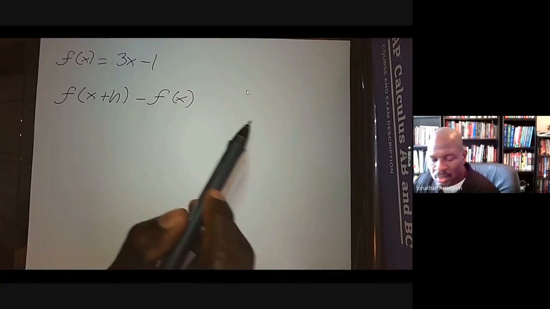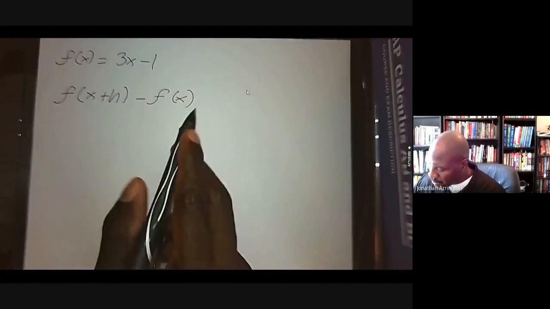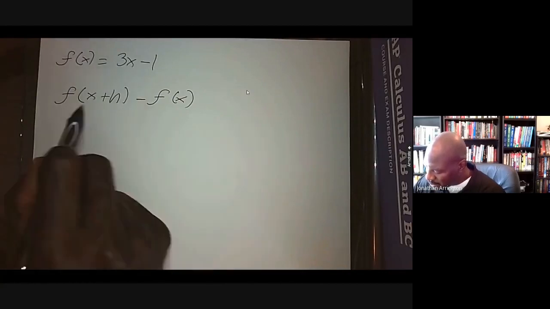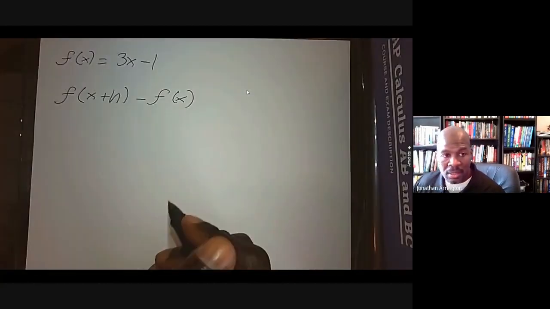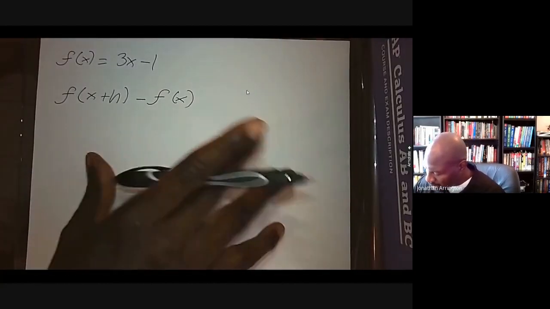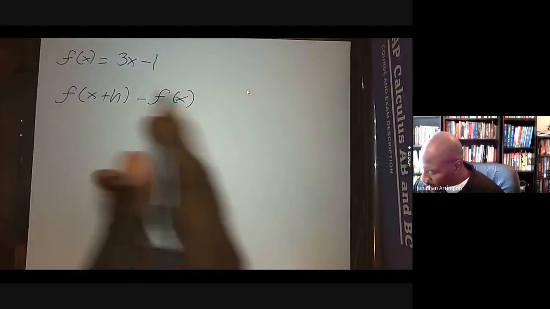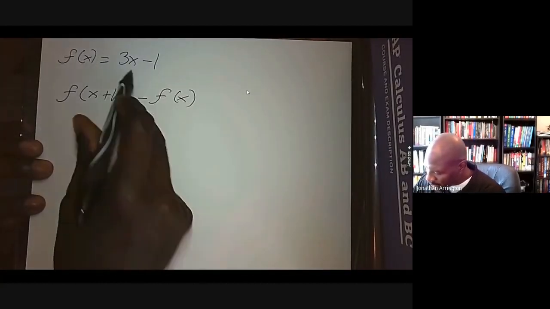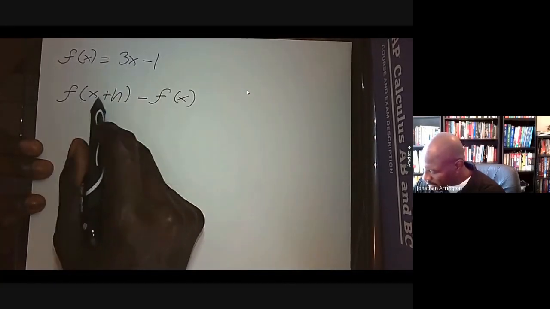And you'll realize a little bit later in the course why I'm interested in finding this particular guy here. He's pretty significant. But trust me, there's a reason why I want to evaluate this. So I know what f of x is. It's just 3x minus 1. But I need to find f of x plus h.